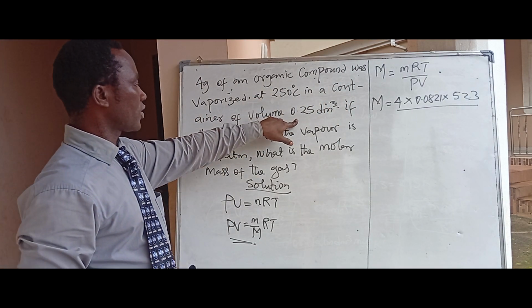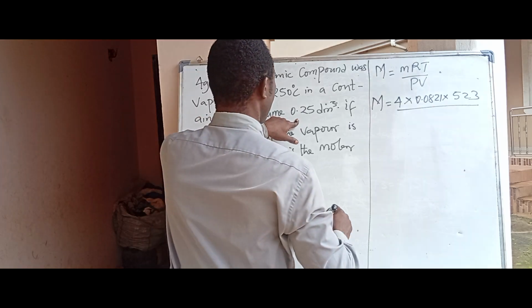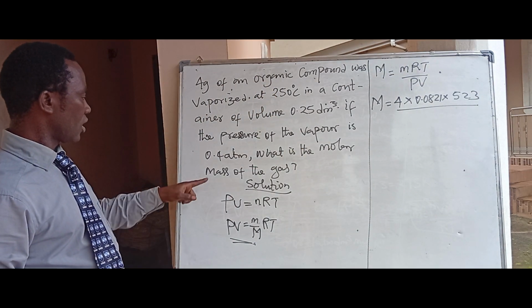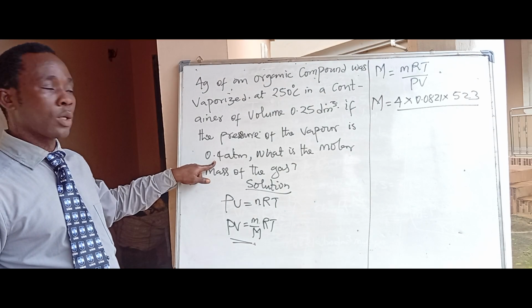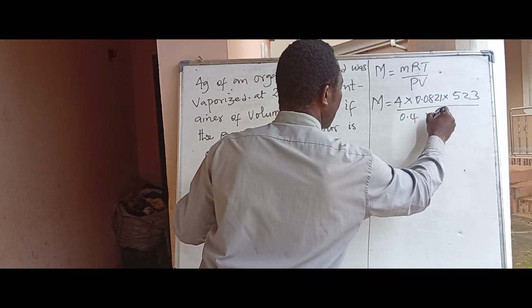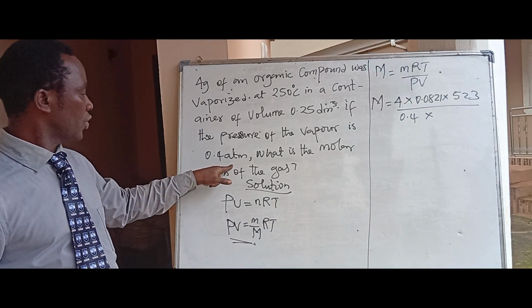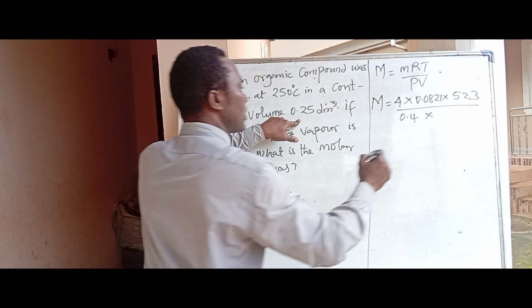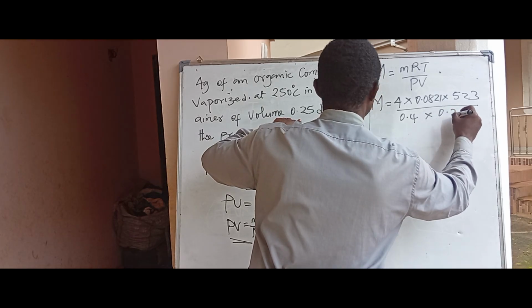The pressure is given as 0.4 atm. That is the right unit to use. Then multiply by the volume. Volume must be in dm cube, so that is the right unit, 0.25.